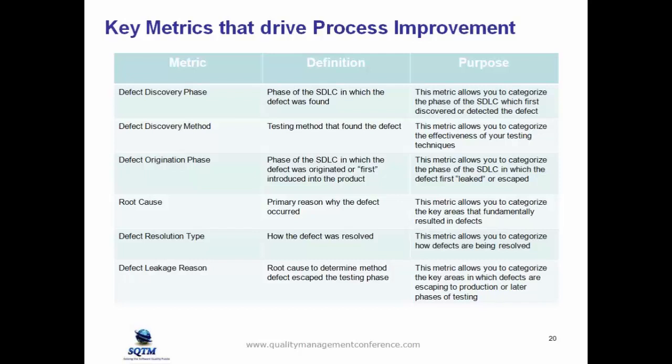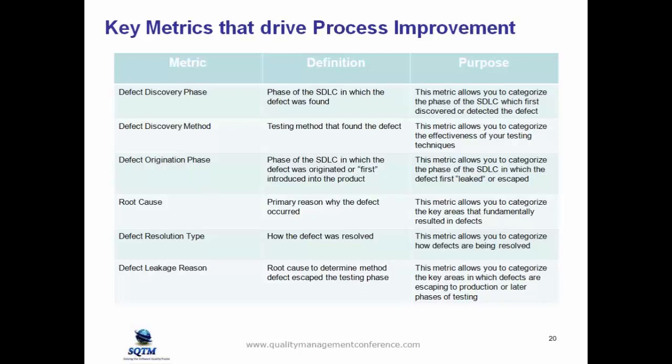The next metric I'm going to look at is my discovery method. How did I find the defect? Very, very important. What technique did I use in order to find that defect? Was it a positive test case? Was it a negative test case?